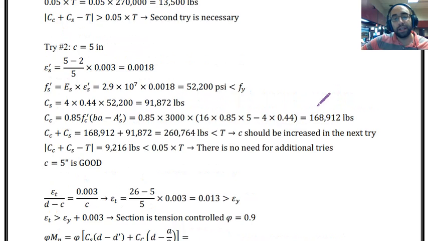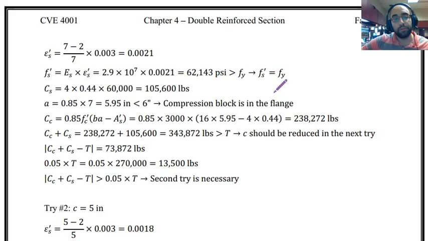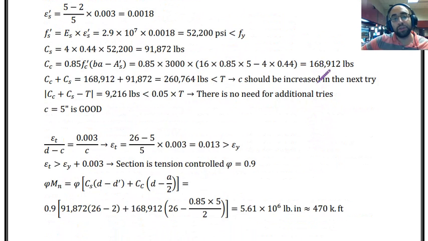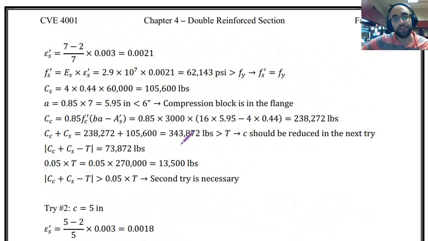170 kips. Now, if we compare it with the first try, as you can see, in the first try, compression force in concrete was about 238 kips. Now, by reducing C, it is 170 kips. So, it is working. Now, adding all the compression forces together, this is the value. Now, I have to compare it versus tension force.